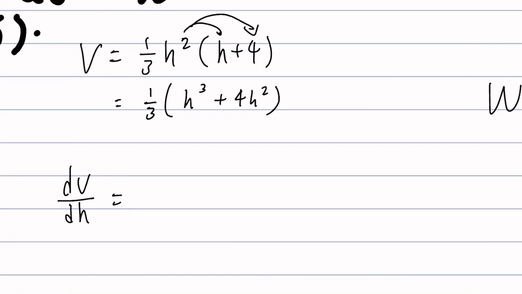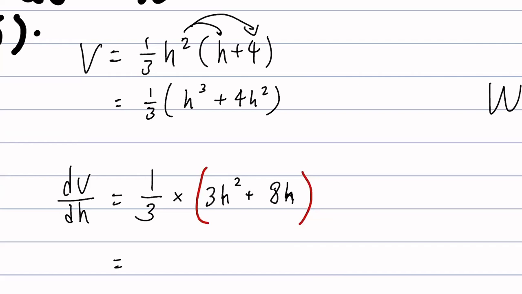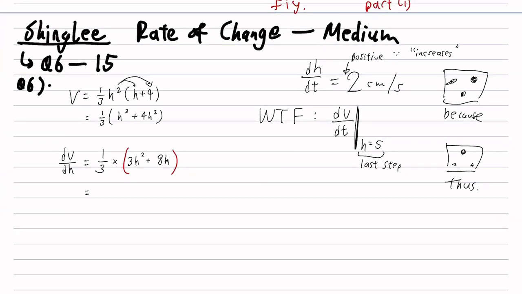Because it's scalar rule anyways, so you just have to leave it alone. And times 3H squared plus 8H. What's missing? A pair of brackets. Very important. Okay, that's it. You don't need to multiply the 1/3 in. Leave it alone.